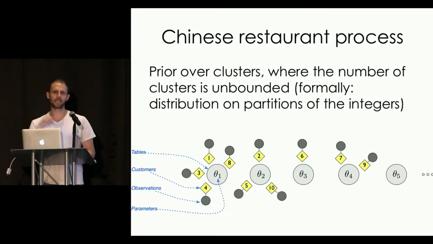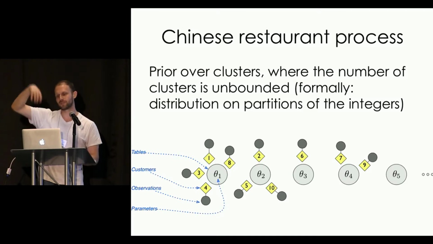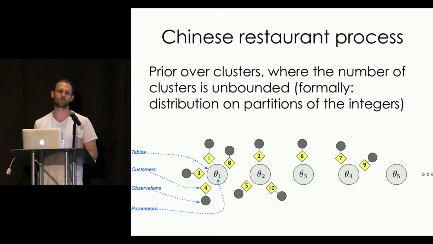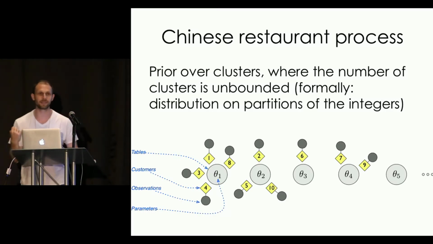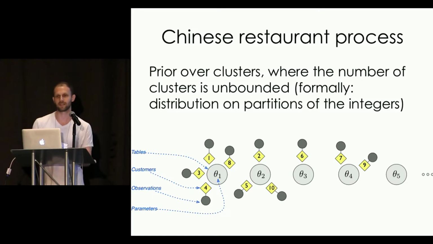And the table assignments occur probabilistically, where the probability of sitting at a table is proportional to the number of people already sitting at that table, right? So the probability of a new data point getting assigned to an existing mixture component is proportional to the number of data points already assigned to that mixture component. So that's a kind of a rich-gets-richer scheme, and that's what gives it the simplicity bias.